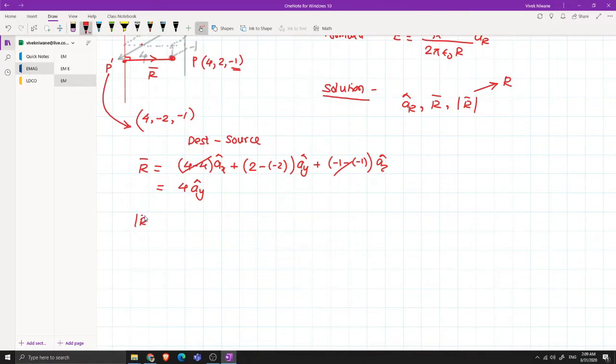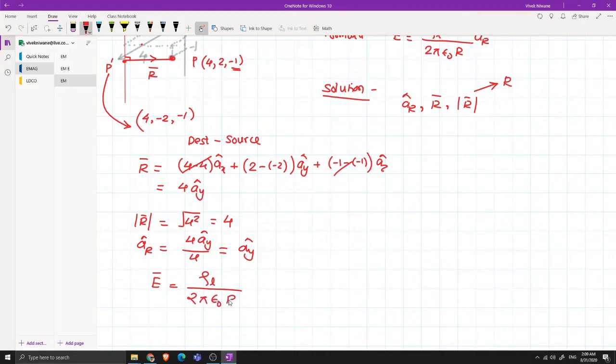So what will be the magnitude of r bar? It will be under root 4 square, that is 4. And what will be the value of ar cap? It will be 4 ay cap upon 4, that means ay cap. Put all the values into the formula. So we will rewrite the formula. E is equal to rho L upon 2 pi epsilon 0 r ar cap.